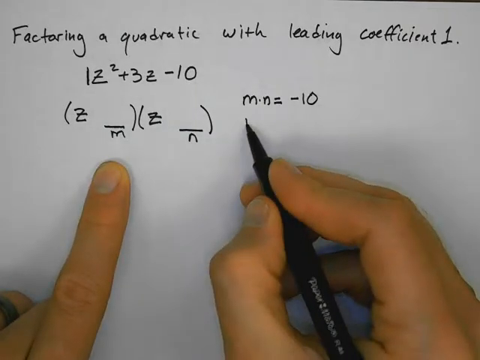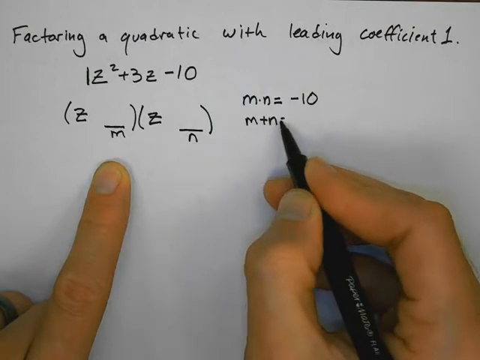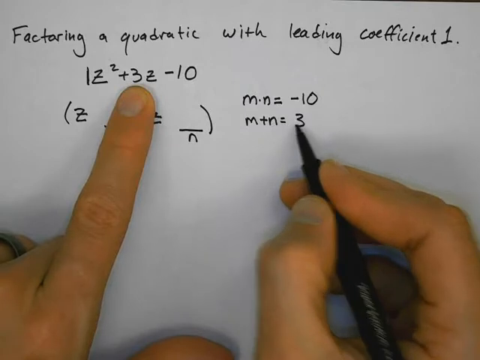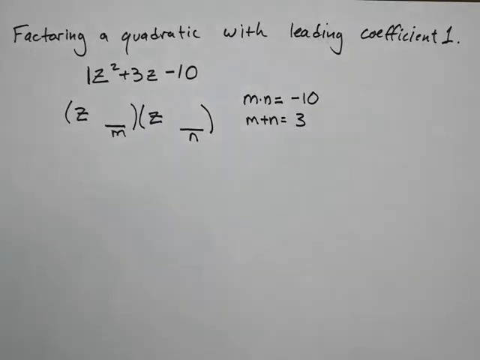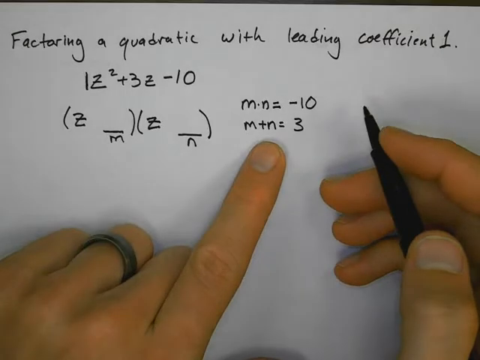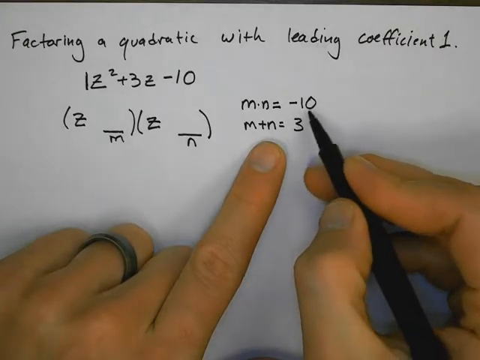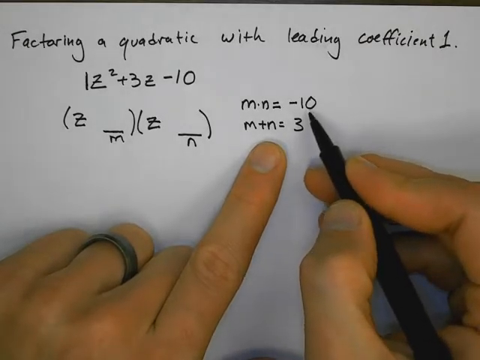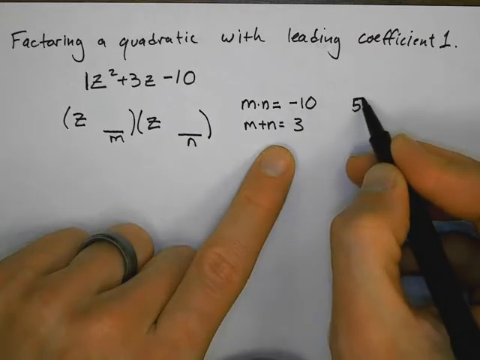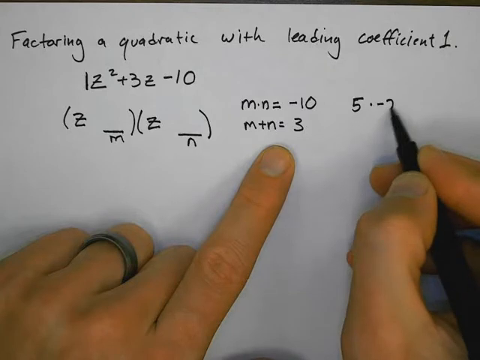At the same time, we would want the sum of those two numbers to add to the middle term coefficient 3. So it takes a little guessing and checking, and you want to have some decent arithmetic skills to hopefully get to this faster, and it gets better with practice. But if you think about it, two numbers that multiply to make -10 and add to 3 would be a +5 multiplied by a -2.